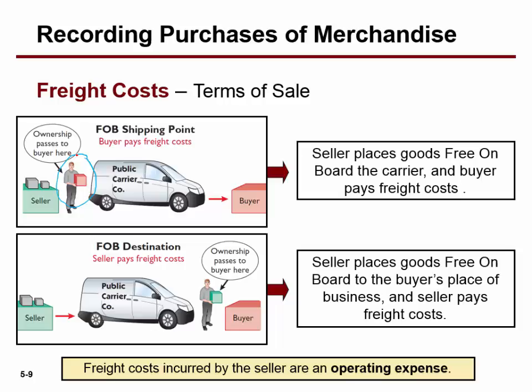What happens? The purchaser will still include that in their ending inventory even though they have not taken constructive receipt of it yet, because legal title transferred on December 20th.